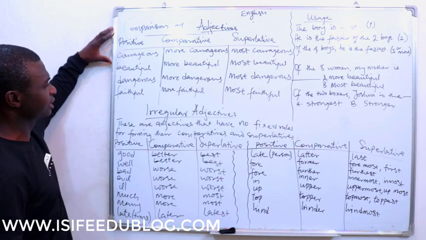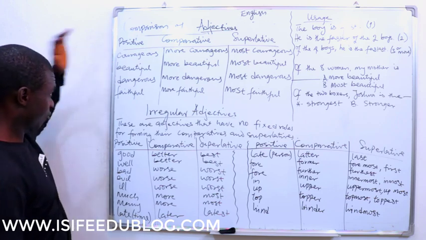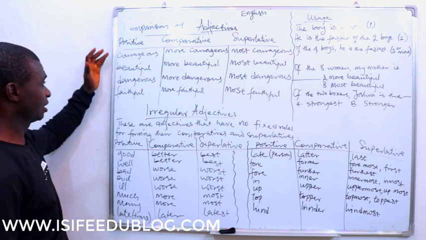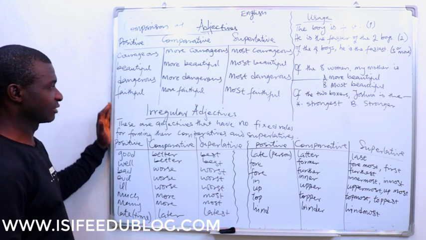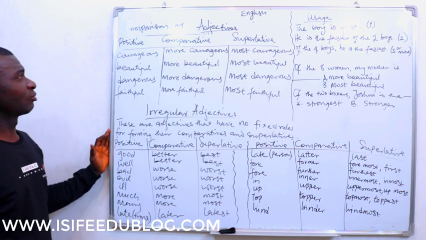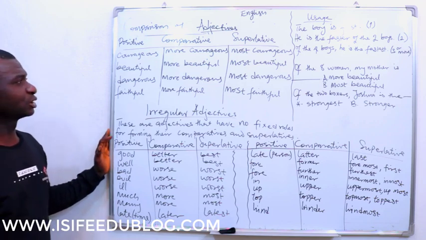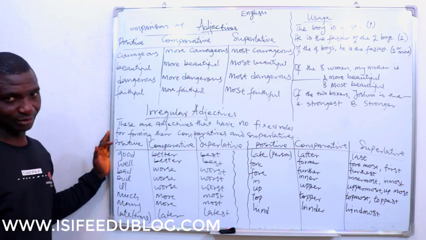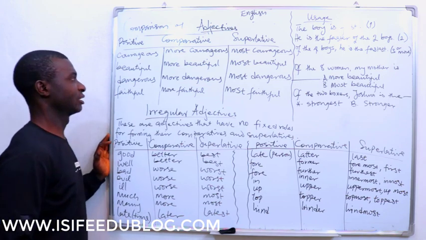For the adjectives compared using more and most, we have four examples here: courageous, beautiful, dangerous, and faithful. So, when we're talking of two persons, he is more courageous than me.